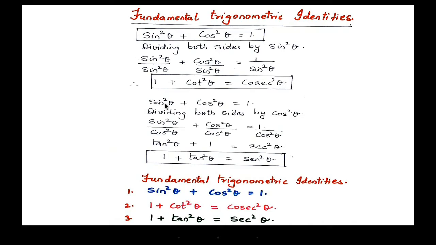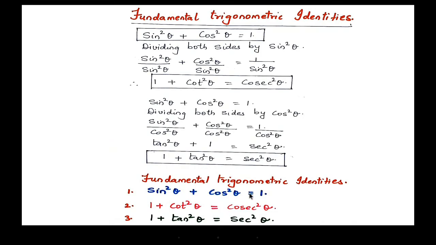So we'll have sin square theta upon cos square theta plus cos square theta upon cos square theta is equal to 1 upon cos square theta. Sin theta upon cos theta is tan theta and 1 upon cos theta is sec theta. So we have tan square theta plus 1 is equal to sec square theta. That is, we are just rearranging the terms on the left hand side. We have 1 plus tan square theta is equal to sec square theta.